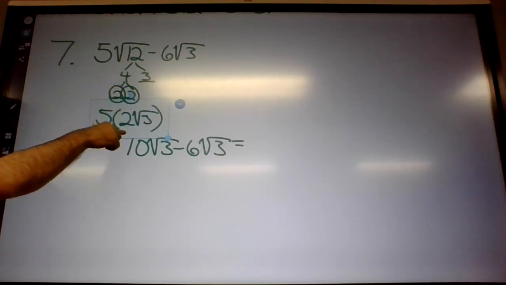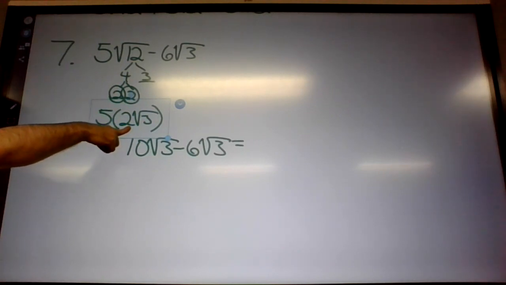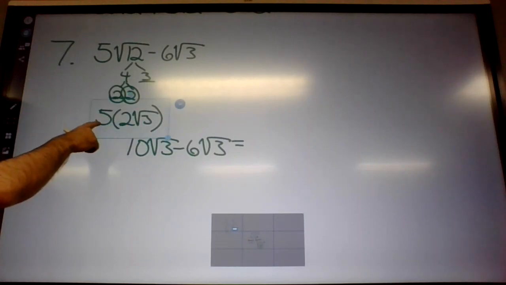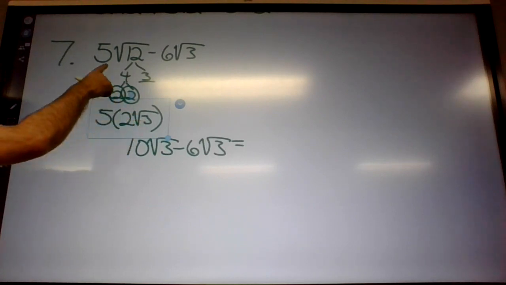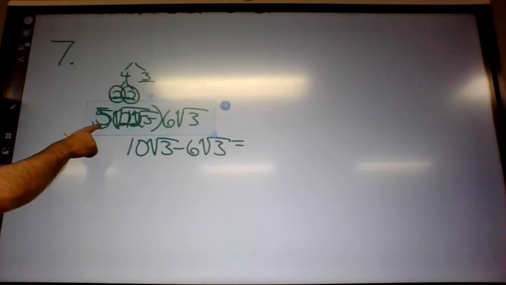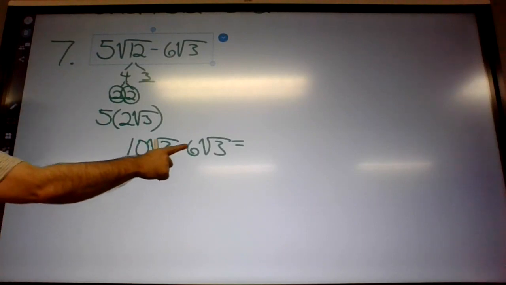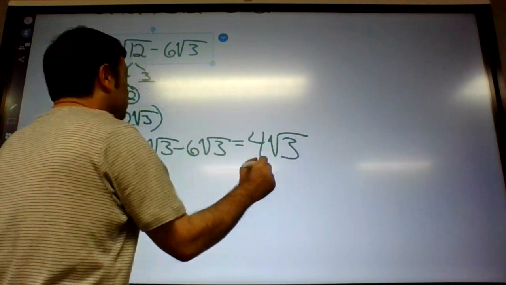So square root of 12 simplifies to 2 square root of 3. Some calculators can do this, and if you're gone, I recommend you watch the day you missed. So this is 5 times 2, because the 5 is still up here in the front. So it's 10 square root of 3 minus 6 square root of 3, which Wyatt said was 4 square root of 3.